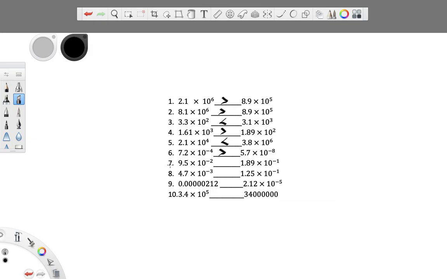Similarly for number 7, 9.5 times 10 to the minus 2 and 1.89 times 10 to the minus 1. Minus 1 is less negative.